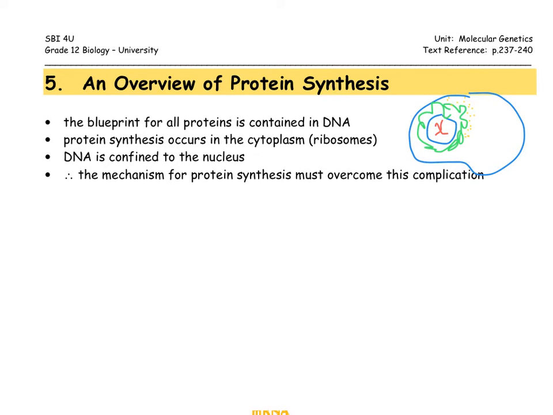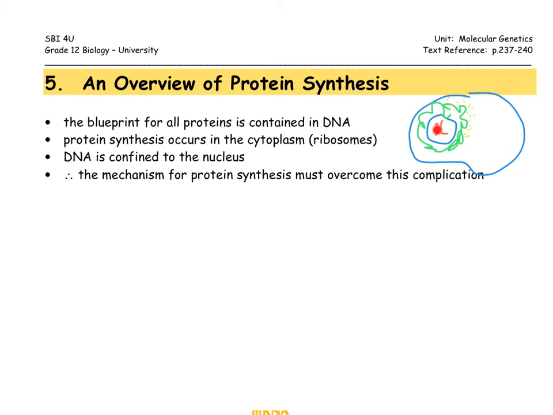So the problem that arises in protein synthesis is that our DNA is stuck in the nucleus and cannot leave. However, the ribosomes, which is where proteins are made, are located in the cytoplasm.